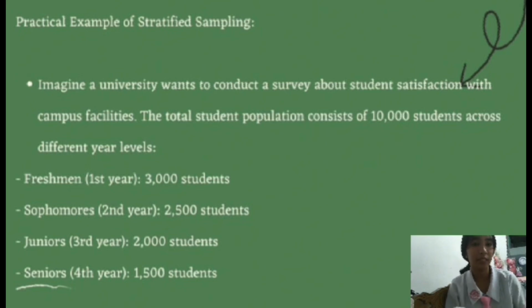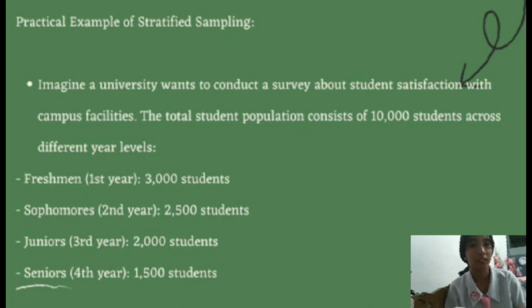Now, let's proceed to a practical example of stratified sampling. Imagine a university wants to conduct a survey about student satisfaction with campus facilities. The total student population consists of 10,000 students across different year levels. Freshmen, first year, 3,000 students. Sophomores, second year, 2,500 students.